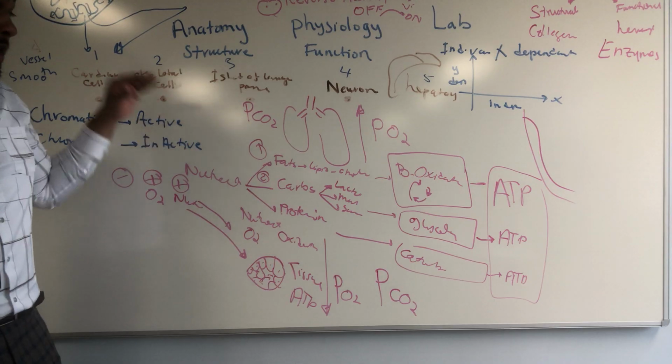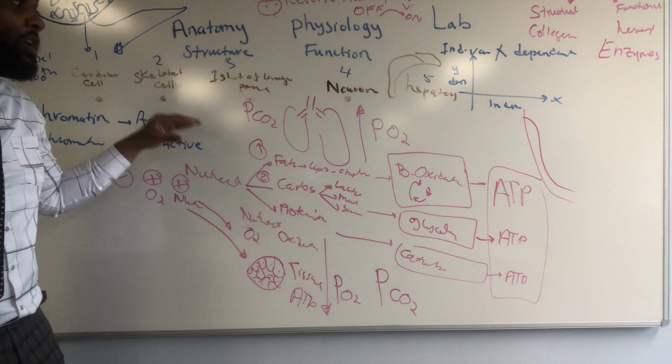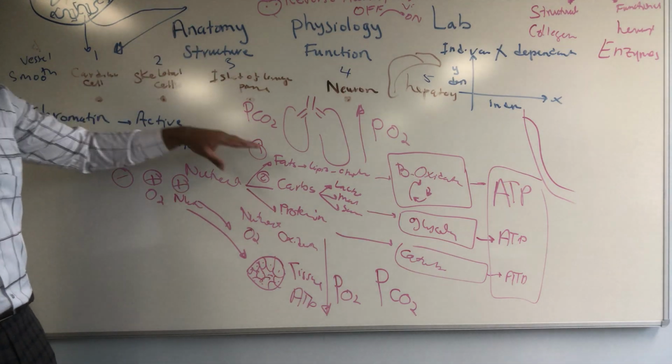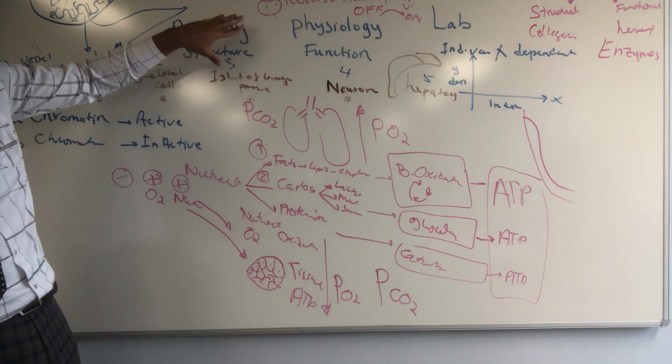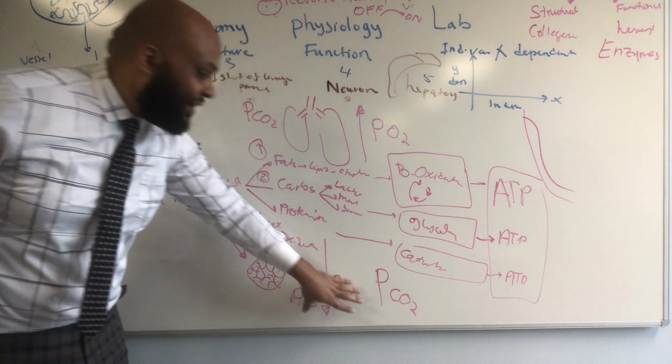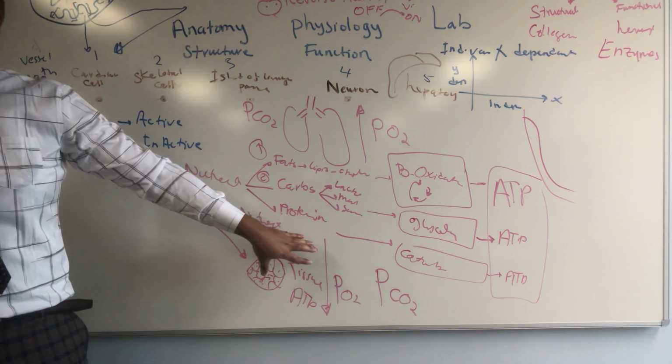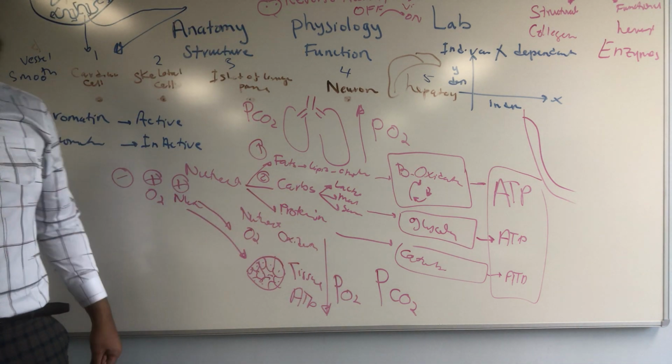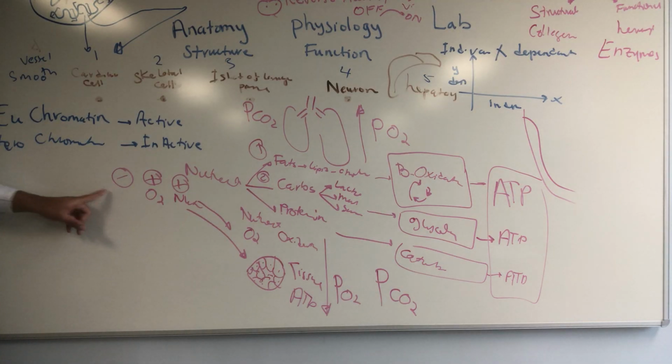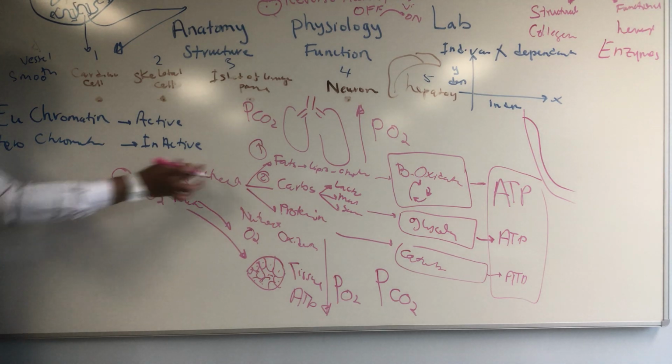Please pay attention. Where do you think the partial pressure of carbon dioxide is the highest? Do you think there is a very high carbon dioxide in the lung, or there is a very high carbon dioxide in the tissue? In the tissue, excellent. That's where the minus comes in. So my blood gives two pluses.